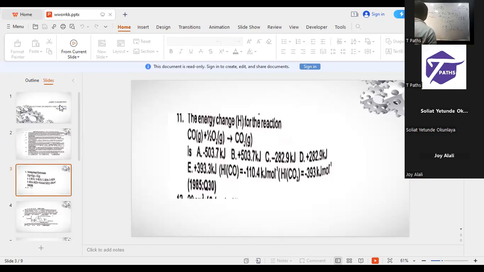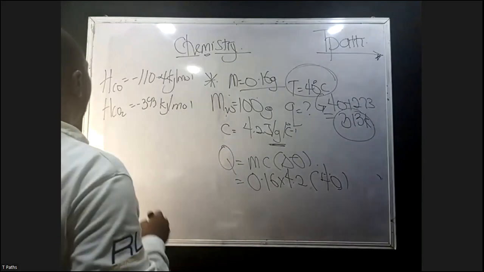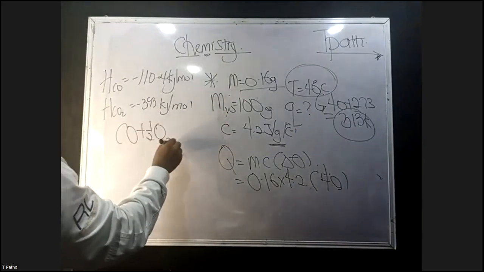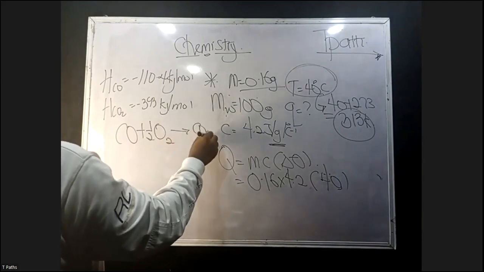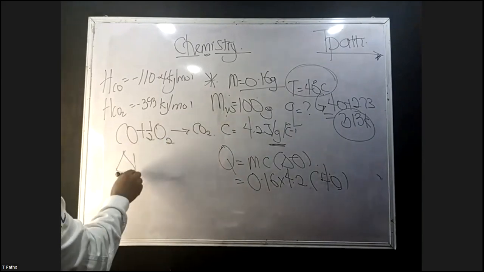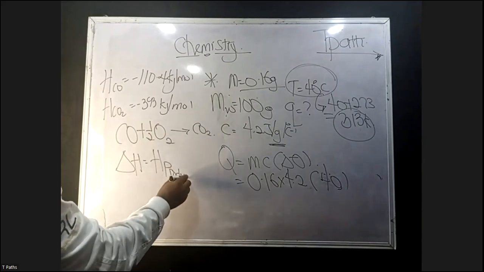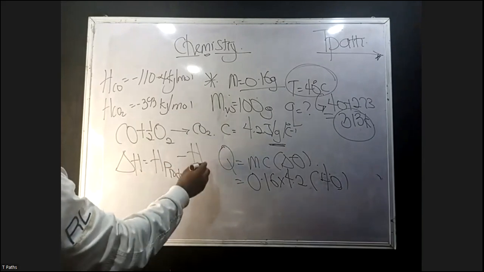We need a balanced chemical equation: CO plus half O2 gives us CO2. Therefore, delta H will be equal to H product minus H reactant.